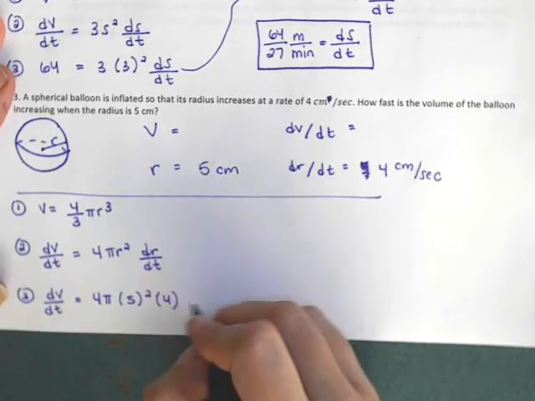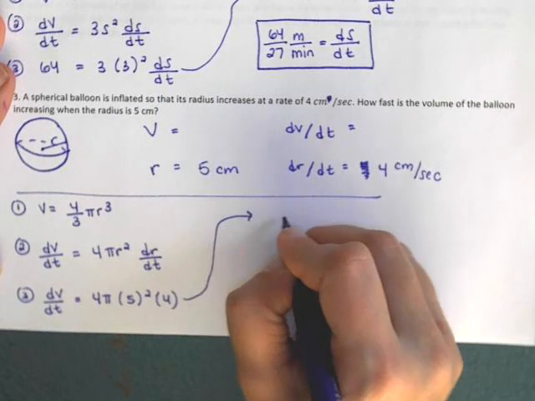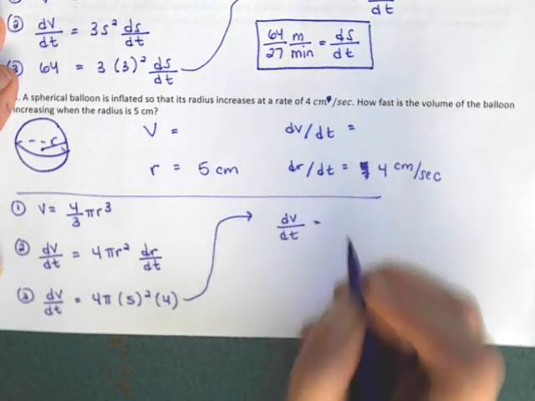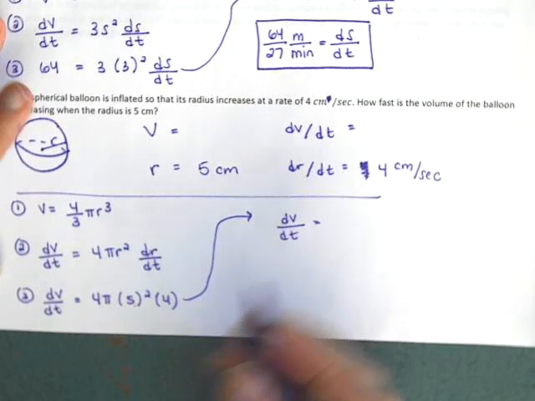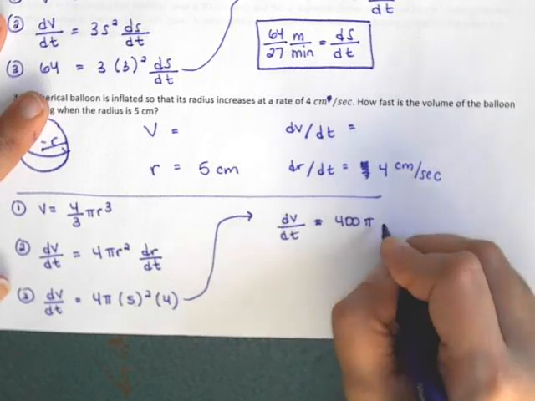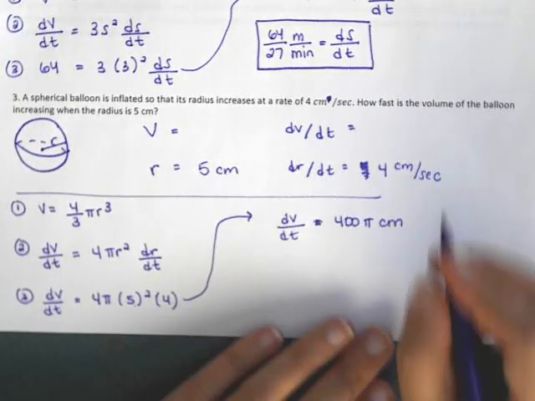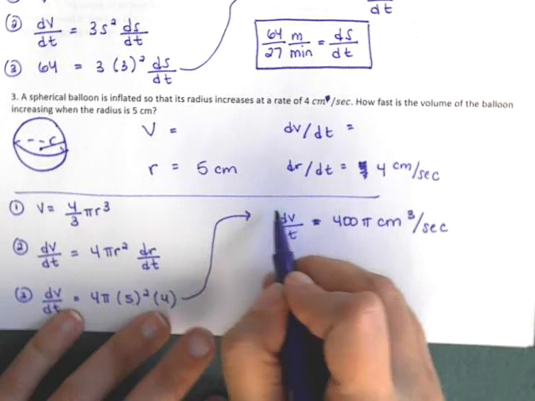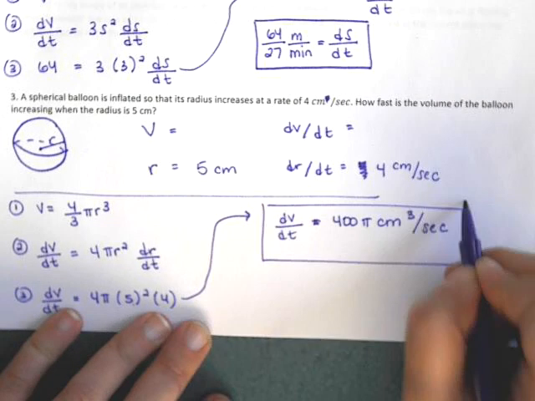Now 5 squared is 25, so I would have dV/dt equals 25 times 4 is 100, times another 4 would be 400 pi. And since I measure volume in cubic units, it would be cubic centimeters per second. And that's my answer.